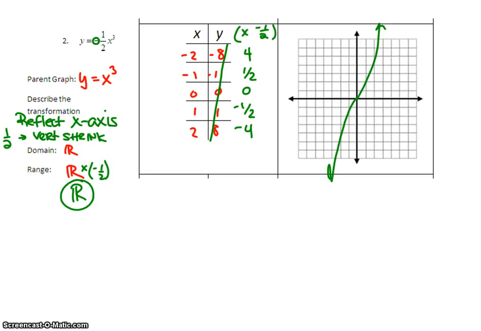So now if I plot my new points, I should see it reflected, so I should see it flipped over. Okay, so negative 2, 4, negative 1, negative 1/2, 0, 0, 1, 1/2, and then 4. And so now you see the part that was pointing up before now is pointing down.